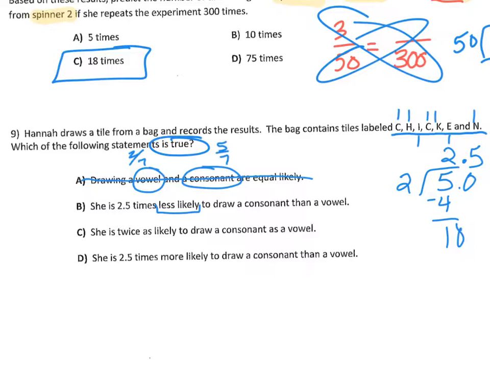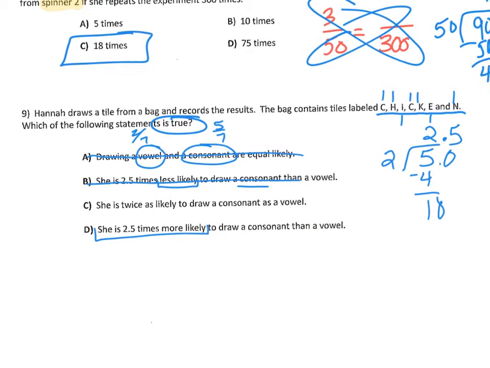But it's 2.5 times more likely to draw a consonant than a vowel. That's D. Good. So then it's got to be D. She is 2.5 times more likely to draw a consonant than a vowel.